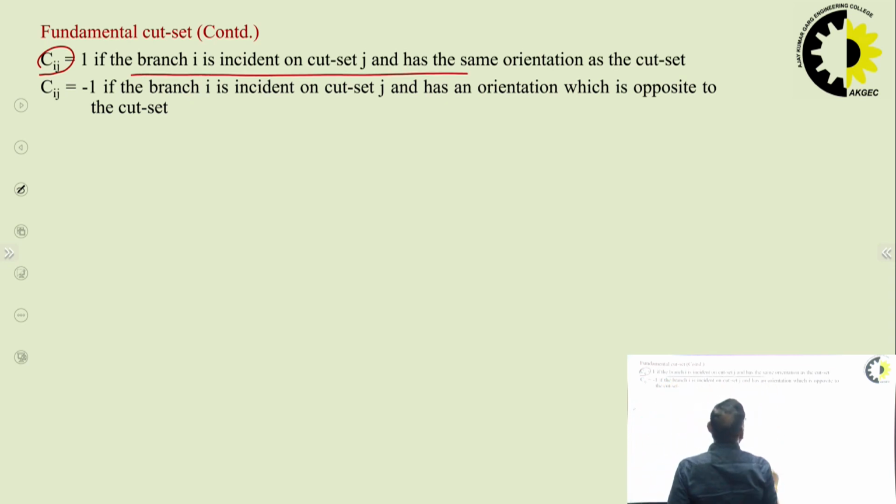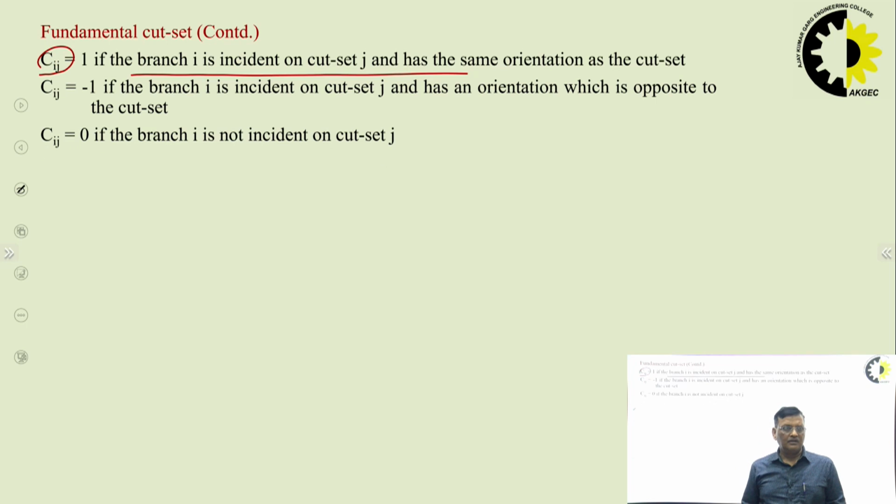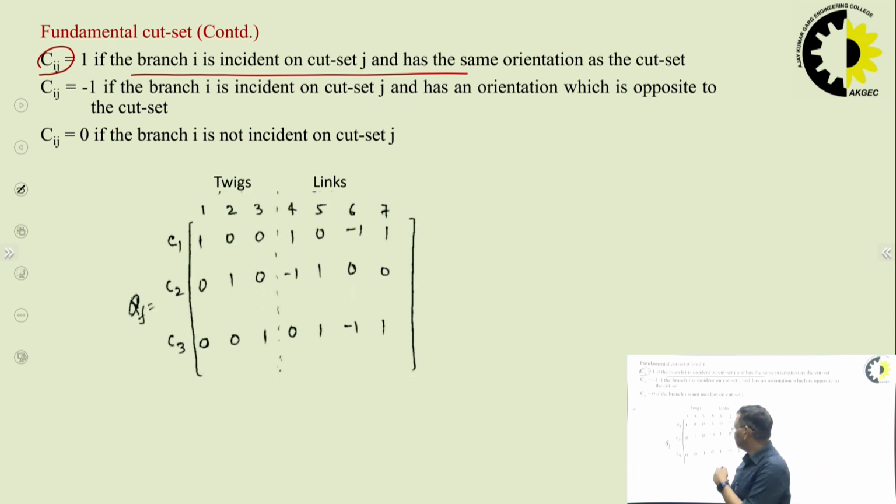It is 1 if the orientation is the same, and -1 if the orientation does not coincide with the orientation of the twig, the same concept as we discussed in the case of the fundamental tie set. And Cij, the element of the cut set matrix, is 0 if the branch is not incident on cut set j. So this way we can write this matrix.